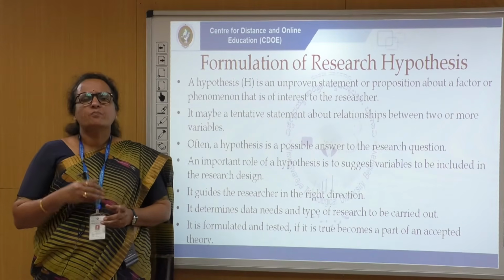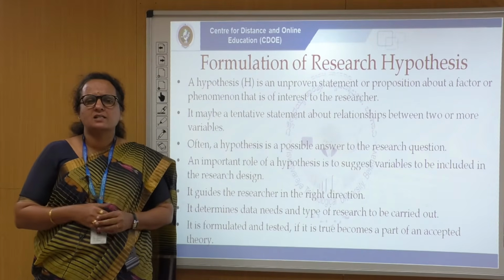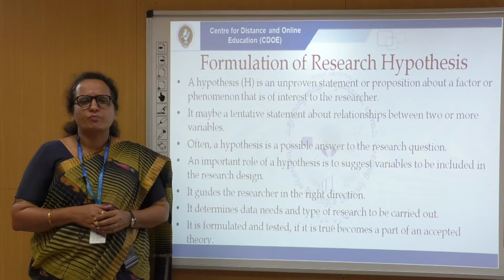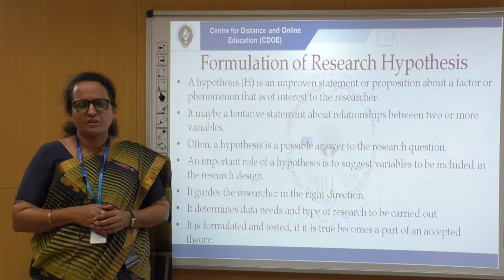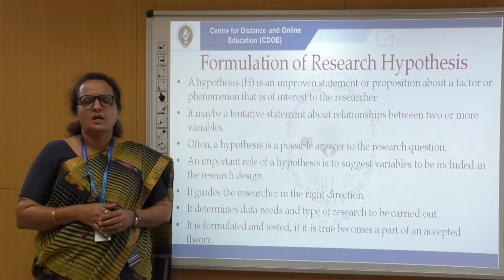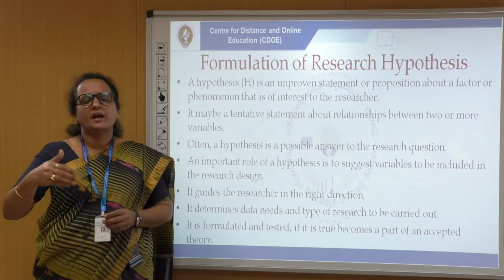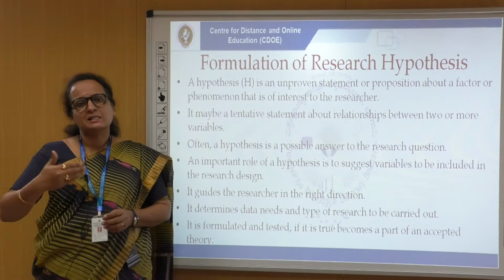For example, if the hypothesis says that the sales are declining because of poor quality of the product, if this is a tentative or assumed hypothesis for the problem of declining sales, then the researcher will come to know what data we have to collect. Data on sales.